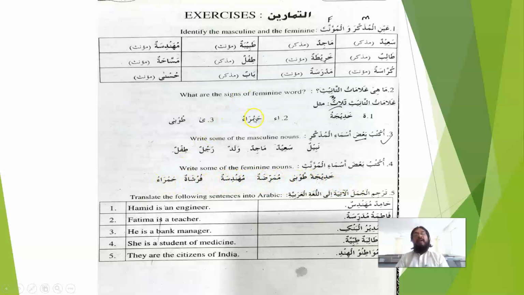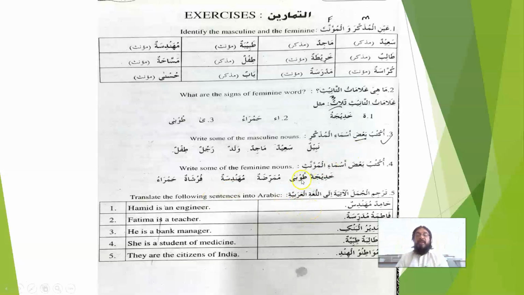So two things, names of masculine genders is compulsory to practice. Name of the feminine is also compulsory for the examination. And signs of feminine genders is also compulsory. And identification of the masculine and feminine is also compulsory. So the whole page is very, very important from the examination's point of view.